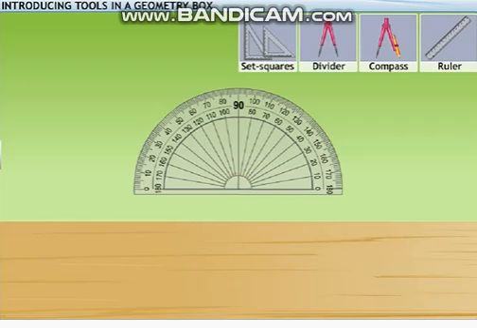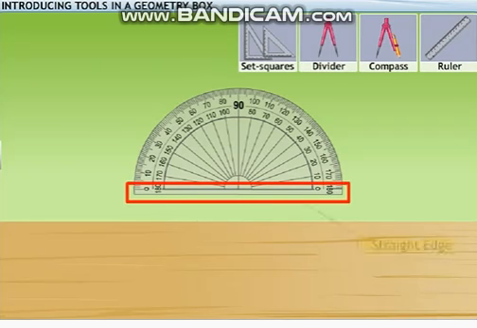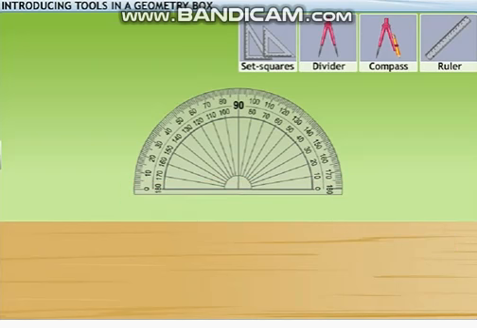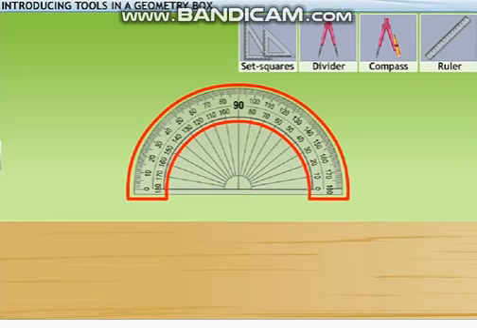As you see here, it has a plane edge and a curved edge. The horizontal line is called the straight edge or baseline of the protractor. The curved edge of the protractor is divided into 180 equal parts. Each part is equal to 1 degree.